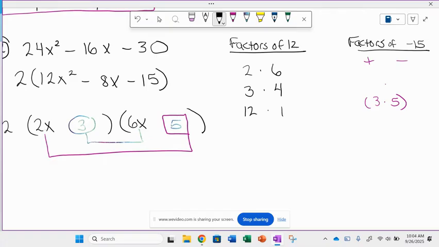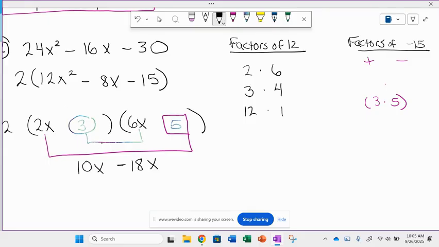So let's do 2x times 5 is 10x. 3 times 6x is 18x. Is there a version of 10x and 18x that can give us a negative 8x? Yeah. Which one would have to be negative? The 18 would have to be negative.